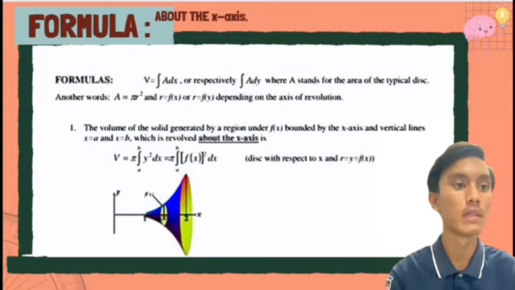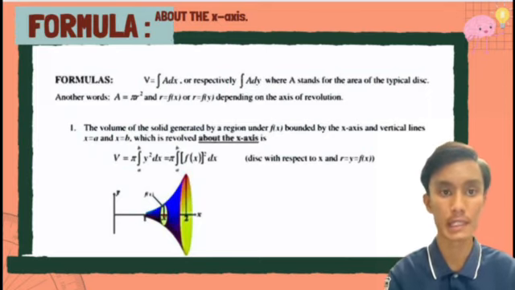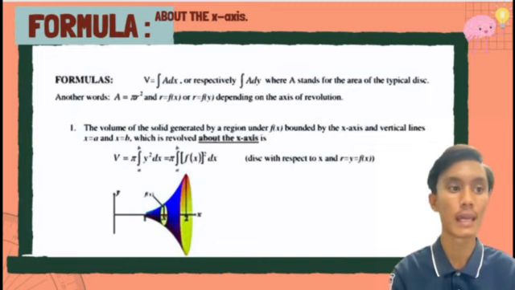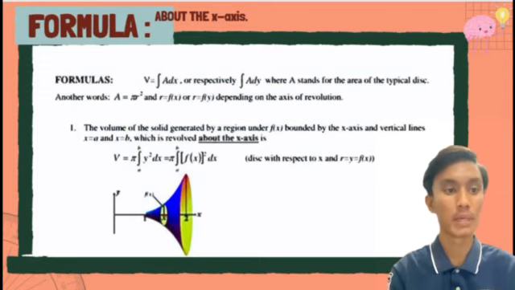The volume of the solid generated by a region under f(x) bounded by the x-axis and vertical line x equal a and x equal b, which is revolved about the x-axis is V equal pi integrate with the limit b, a y power 2 dx equal pi integrate with the limit b, a open bracket f(x) closing bracket power 2 dx.